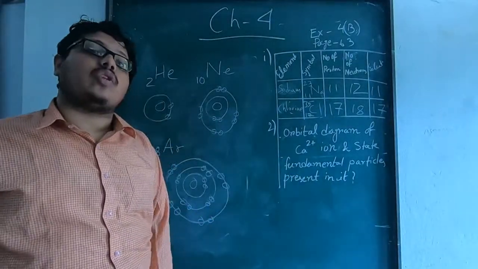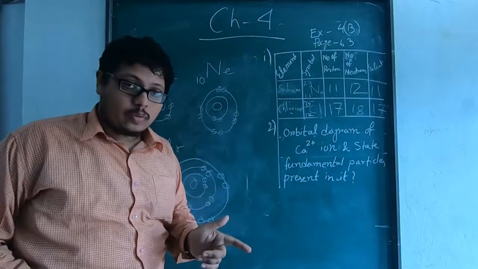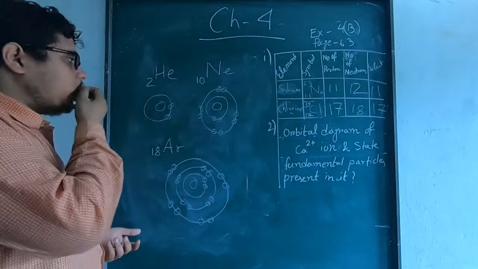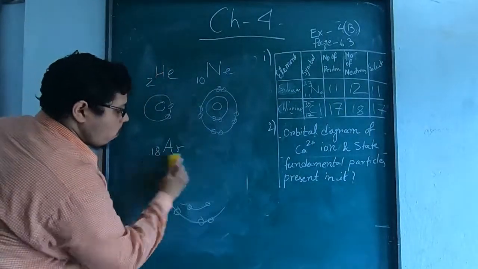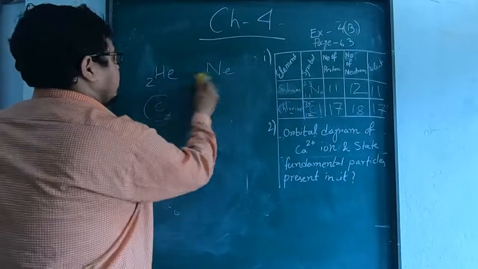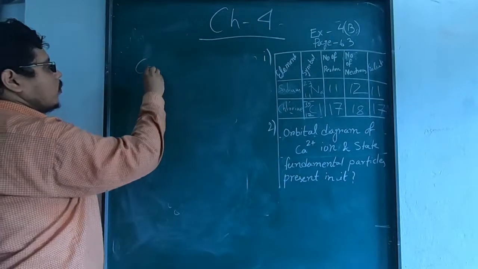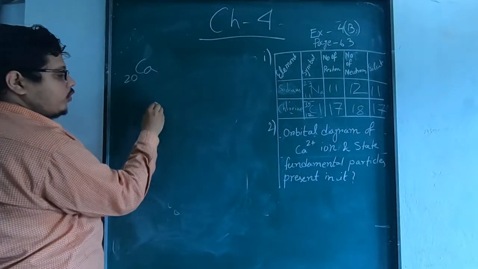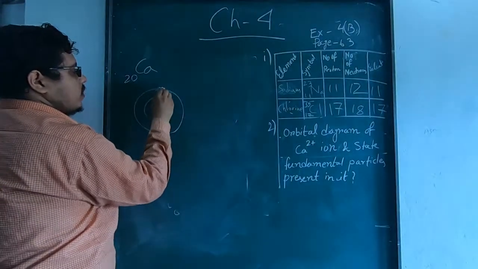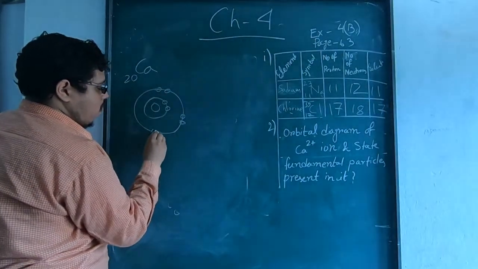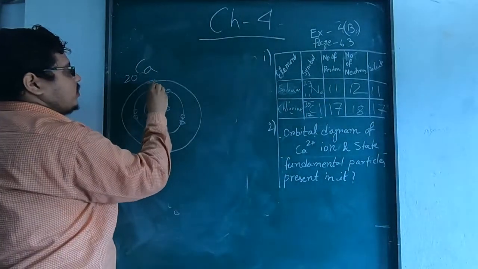However, our calcium is not like that. If you remember the structure of calcium that we drew just now, we must remember how many electrons calcium had in the last shell. Calcium had total 20. So first shell 2, second shell it was 8, and third shell was again 8.